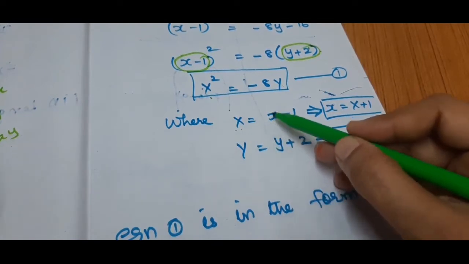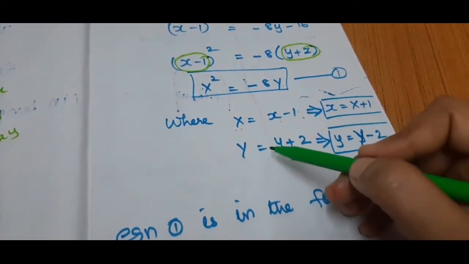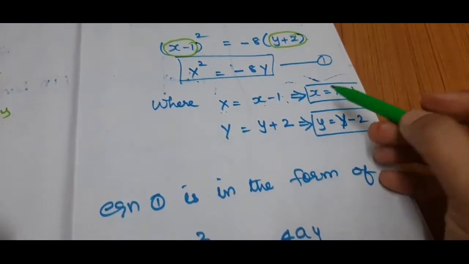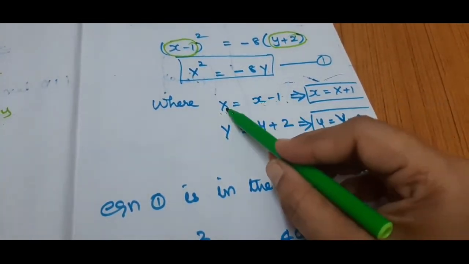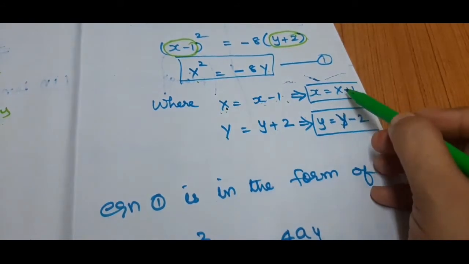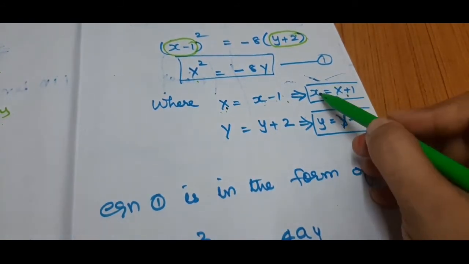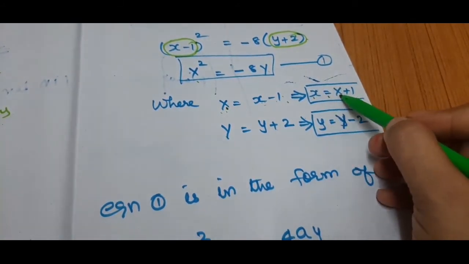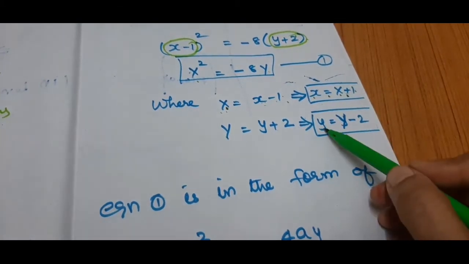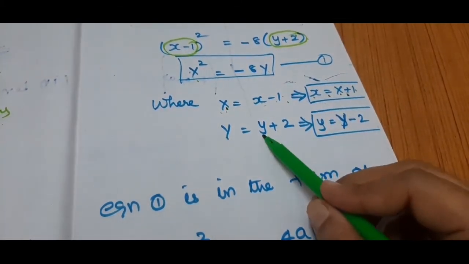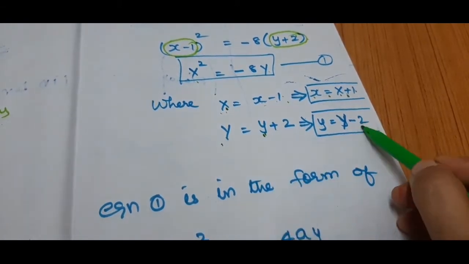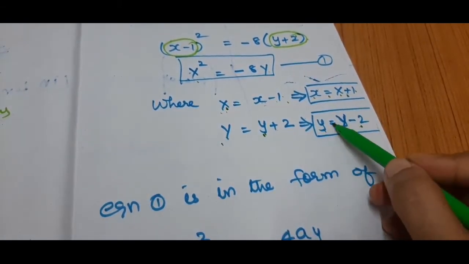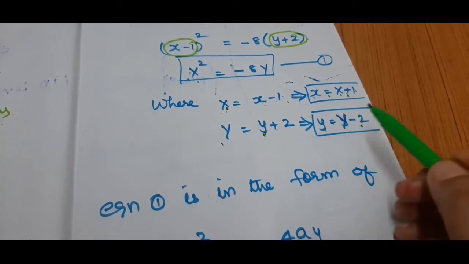So capital X is equal to x minus 1, capital Y is equal to y plus 2. So what is small x? I can take this minus 1 to the other side, so small x is equal to capital X plus 1. Like that, small y is equal to capital Y minus 2.